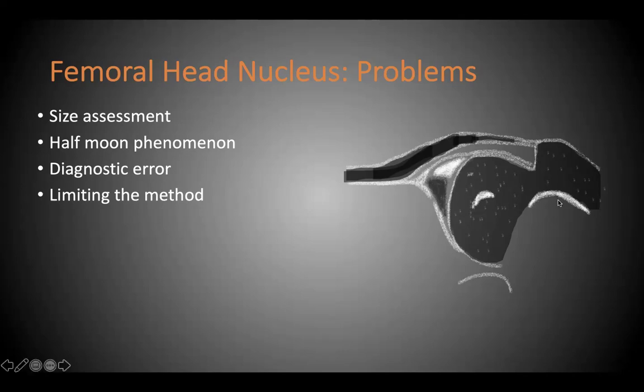Here, you can't use the ossific nucleus to determine whether the hip joint is centered or decentered. And eventually, as the ossific nucleus increases in size, it becomes so big that it obscures everything medial to it. At that point, you can no longer use the ultrasound to diagnose hip dysplasia.